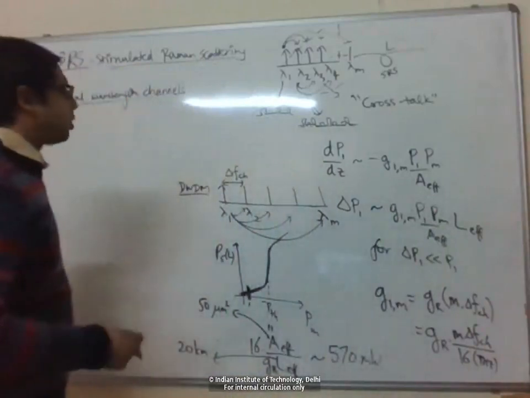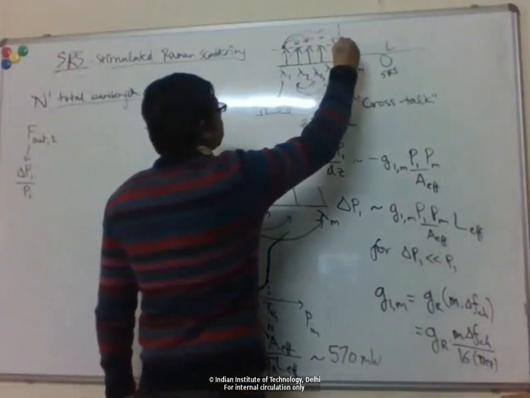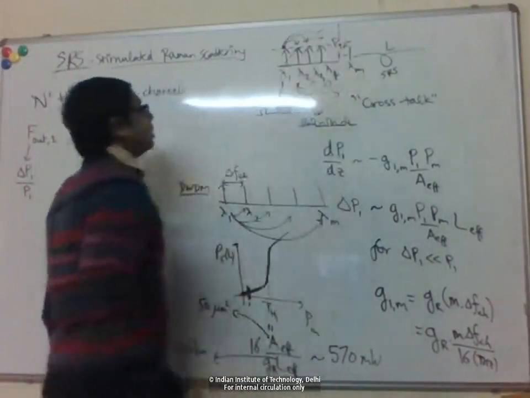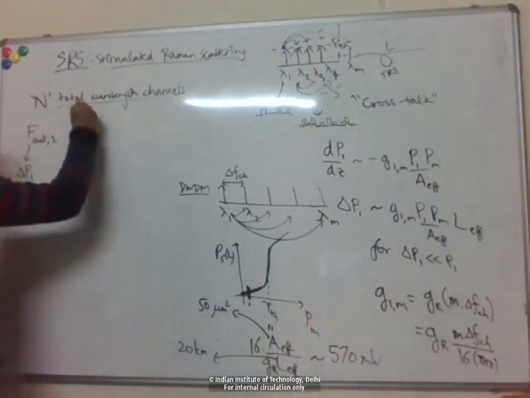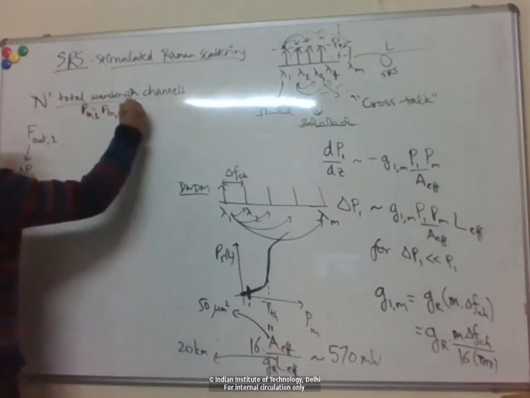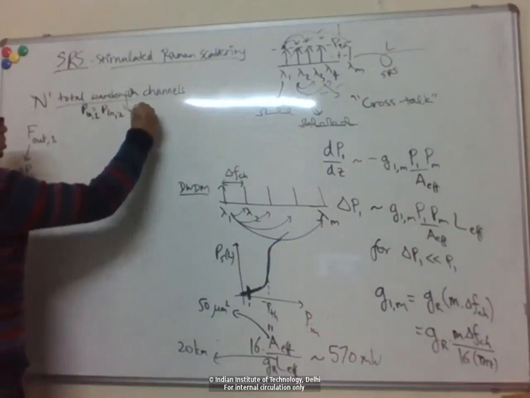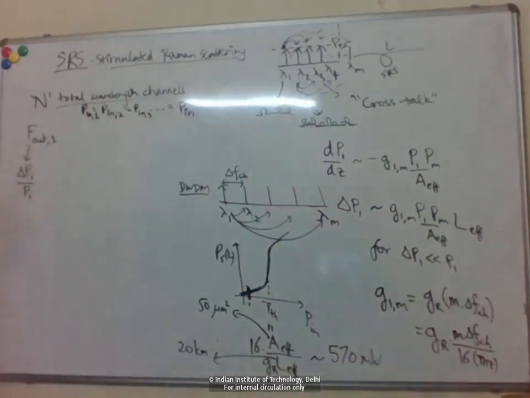Typically for these WDM systems, at the input, all the wavelengths have the same power. So let's say the input power in all of these channels is the same. This is typically the case.